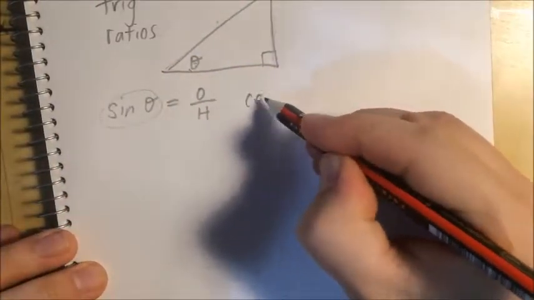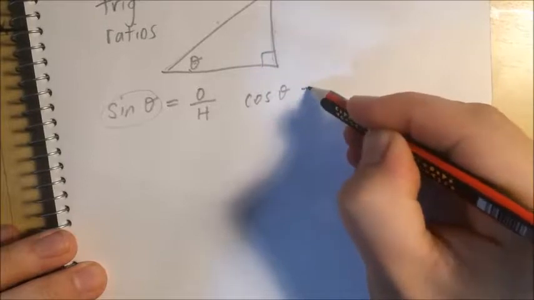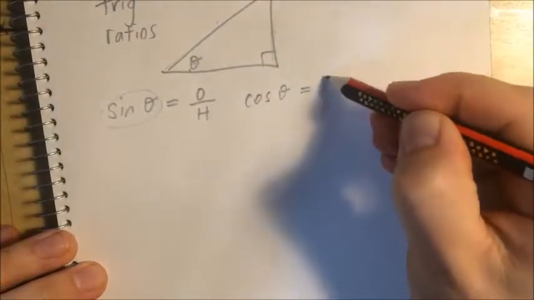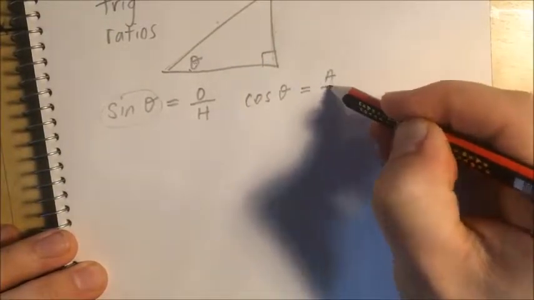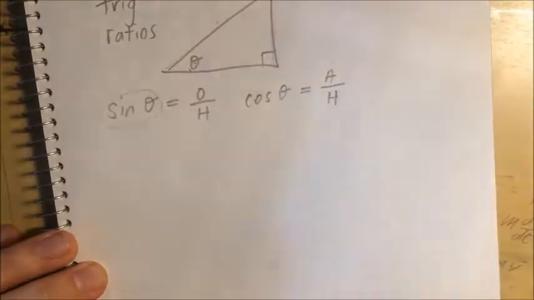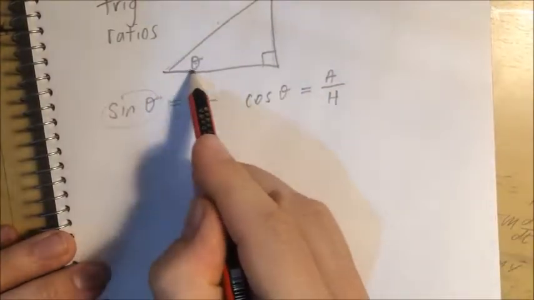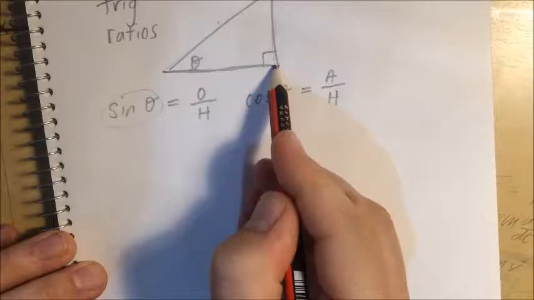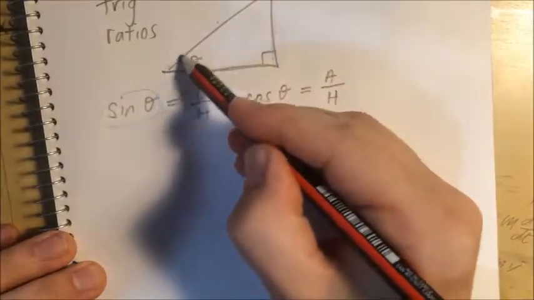Another one, cos theta, is the adjacent divided by the hypotenuse. So we have the adjacent length divided by this length here.